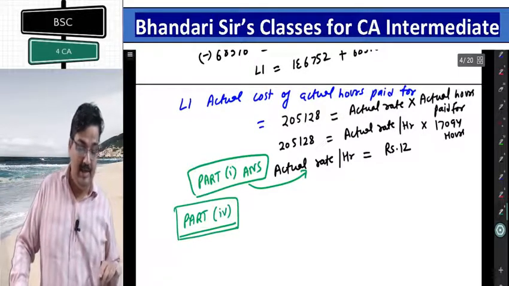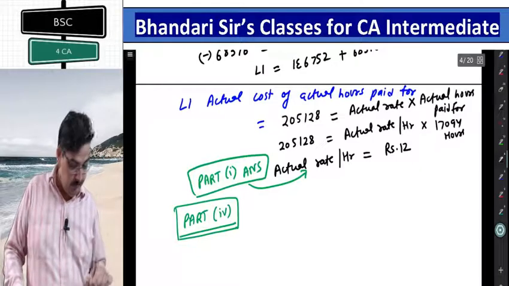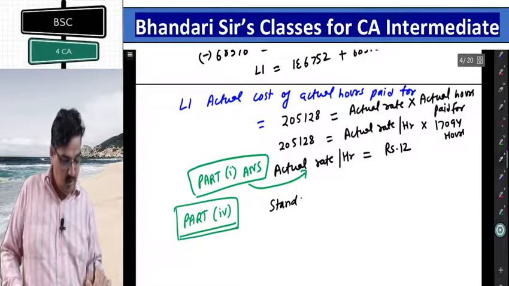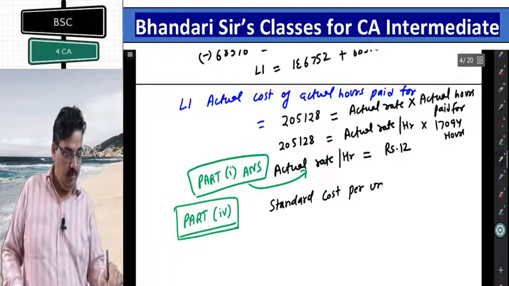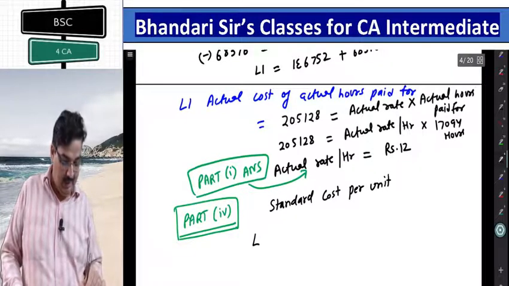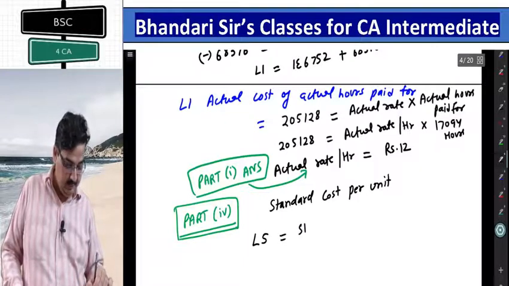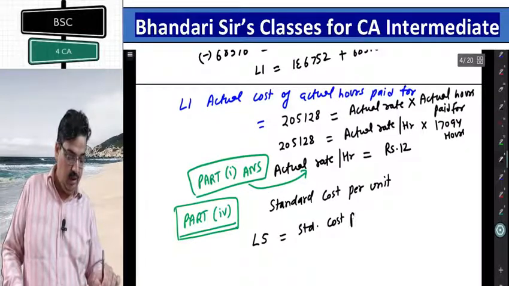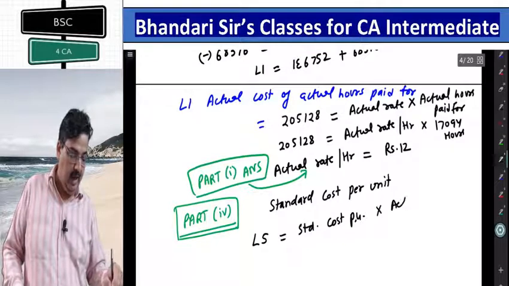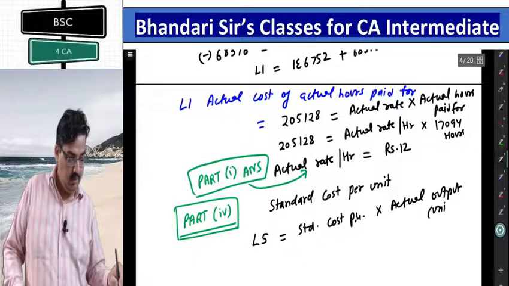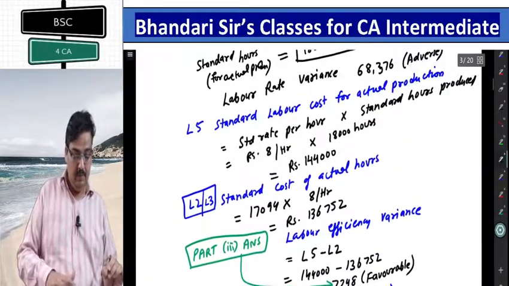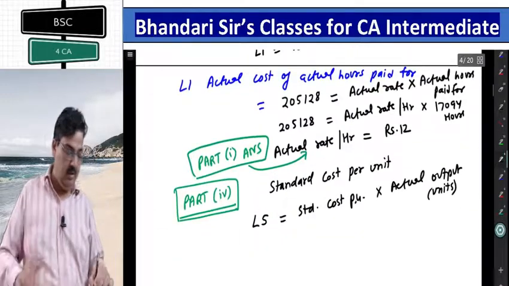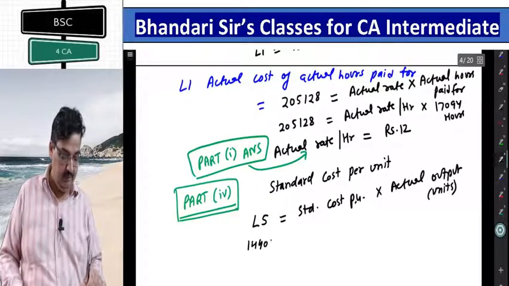He is wanting standard cost per unit. I can write L5 as standard cost per unit multiplied by actual output in units. L5 I computed alternatively in the beginning, 1,44,000. There are many ways of computing, but this is one easy way.